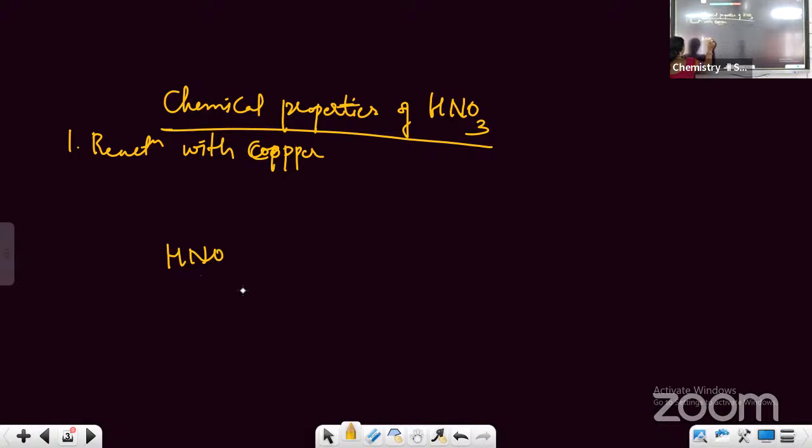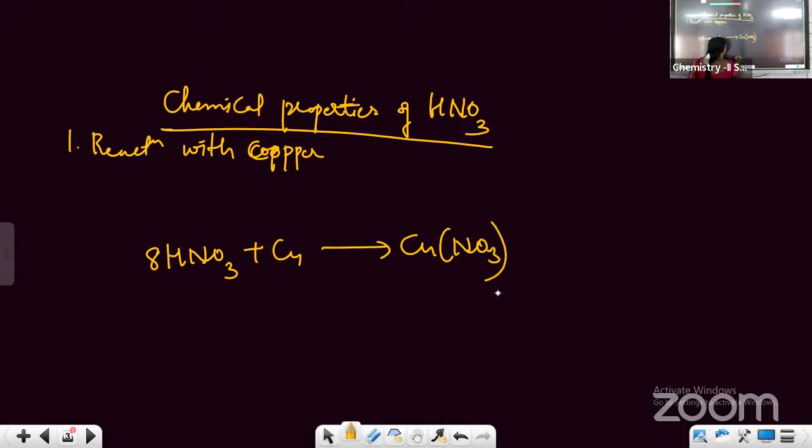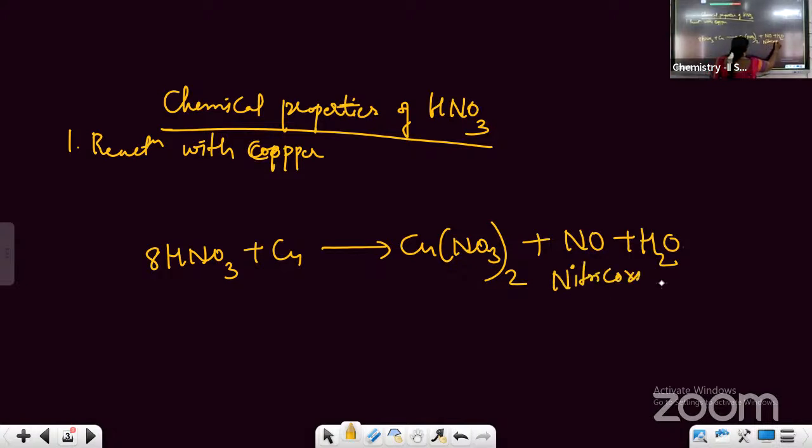HNO3 reacts with copper. Here 8 moles of HNO3 reacting with copper gives copper nitrate, Cu(NO3)2, plus NO plus water. What is this NO? This is nitric oxide. And this is copper nitrate.